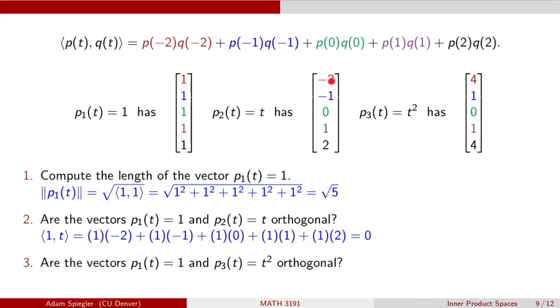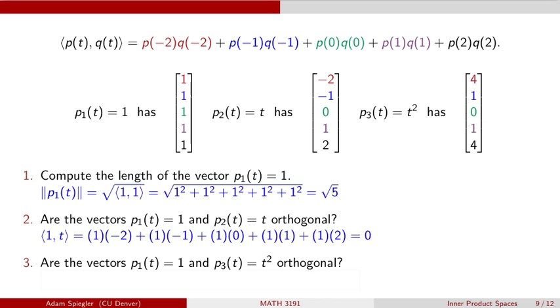That gives me 1 times minus 2 plus 1 times minus 1 plus 1 times 0 plus 1 times 1 plus 1 times 2. So the negative terms cancel out the positive terms, and the inner product of these two polynomials is 0. So 1 and t are indeed orthogonal vectors in this inner product space.